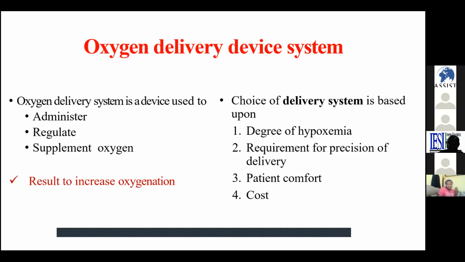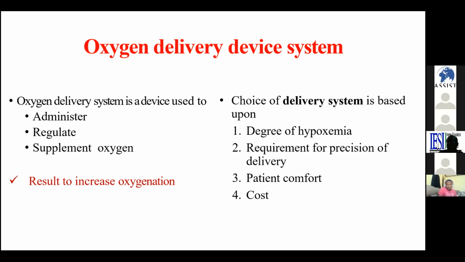And here the question we're asking: how can you select the appropriate device for your patient? Of course, the end result of this system is to increase the oxygenation for the patient benefit. Then how to choose it?